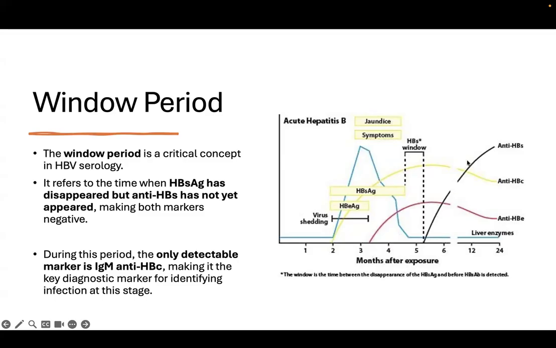So there's nothing there. The only thing that's detectable are the IgM ones, but the IgG have not appeared. Only when they appear do we have almost zero of this.